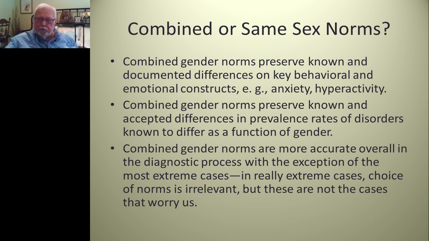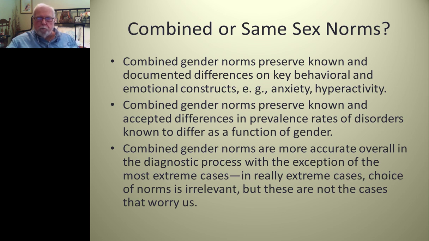So, combined or same-sex norms. Combined gender norms preserve known and documented differences in key behavioral and emotional constructs like anxiety and hyperactivity, where we know that there are gender differences and they should be preserved. This will preserve accepted differences in prevalence rates of diagnosis.